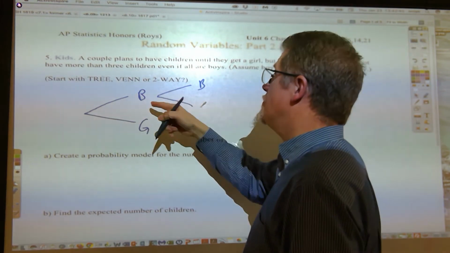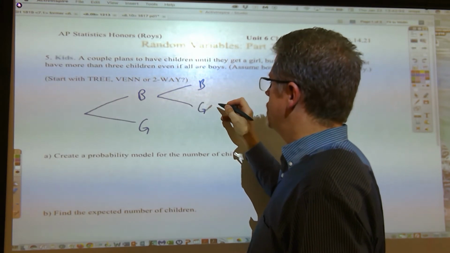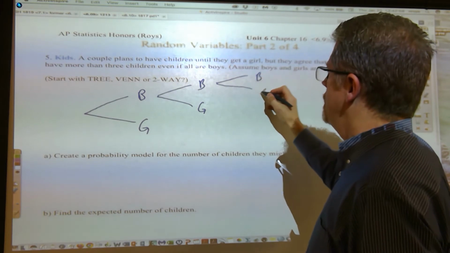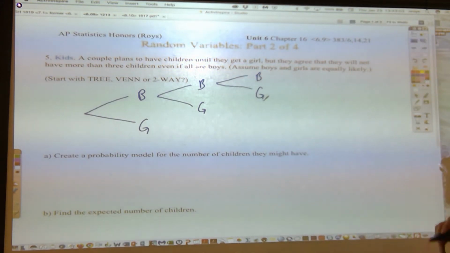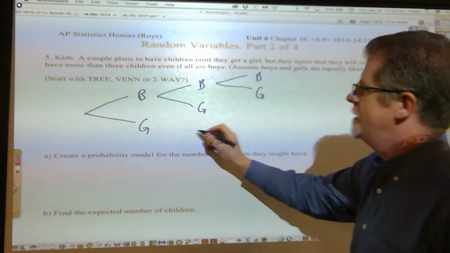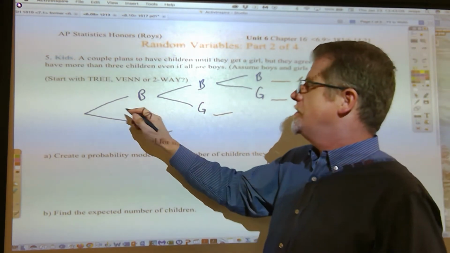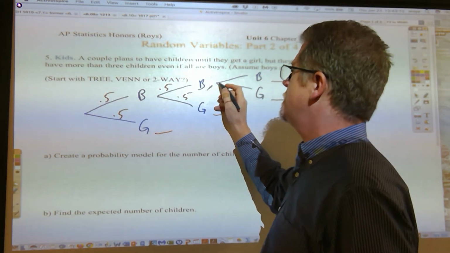Second child, if there's a boy there, if it's a girl, stop; if it's a boy, keep going, either boy or girl. Stop on the girl, but if it's a boy, it's another boy. What did we do to deserve this? So we have 4 leaves, and you said it's equally likely, so it's a 50-50 chance every time, independent.